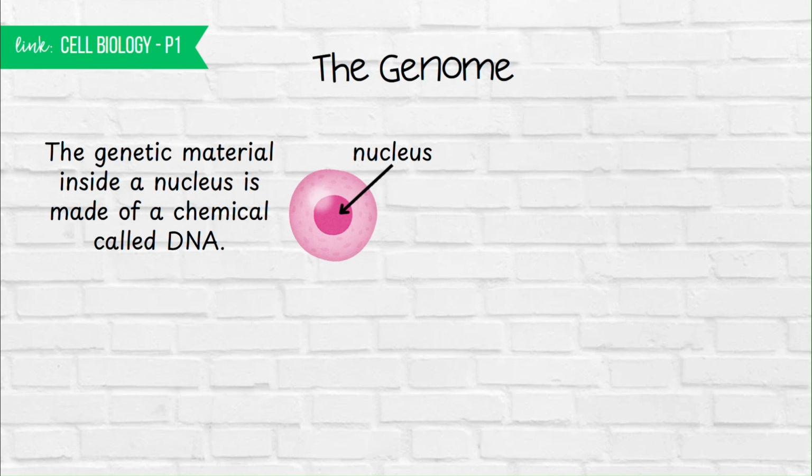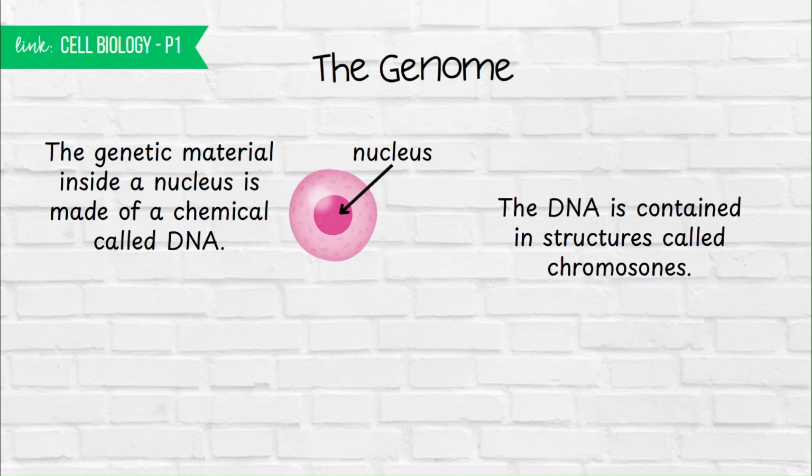Now, in this lesson, we'll only be talking about the nucleus of a cell, but in the next video, when we cover protein synthesis and mutations, we will be talking a bit about ribosomes and its function. So if you're not sure about the basics, just go and review the knowledge on cell biology.